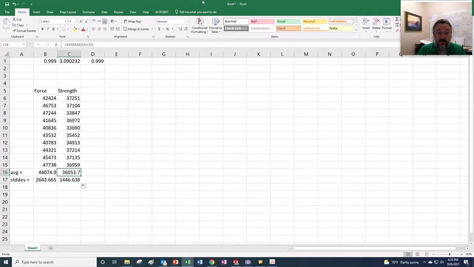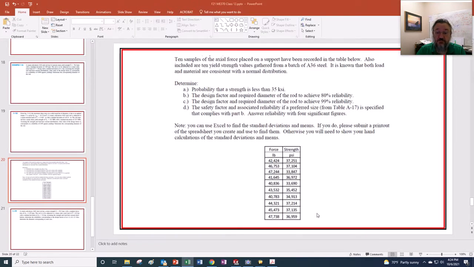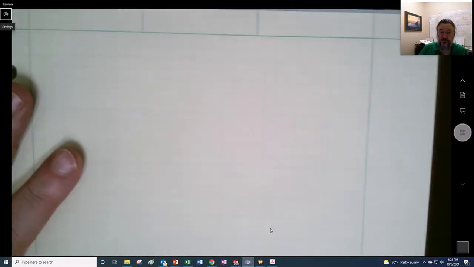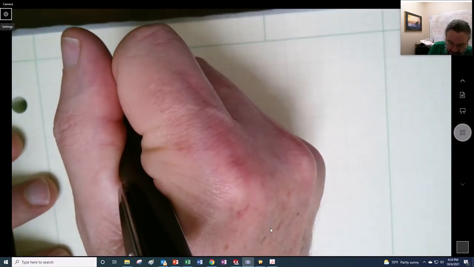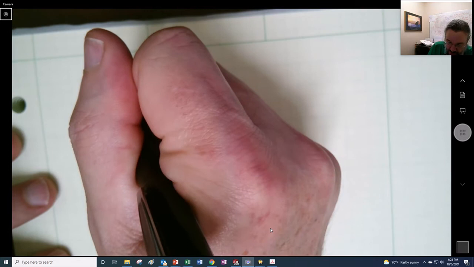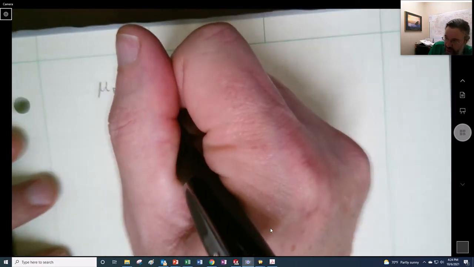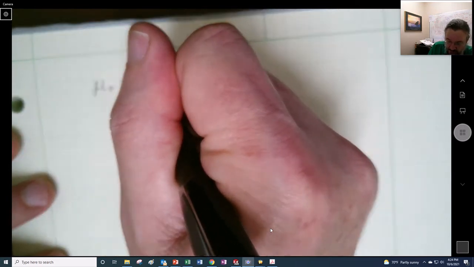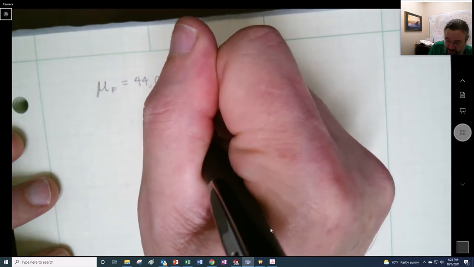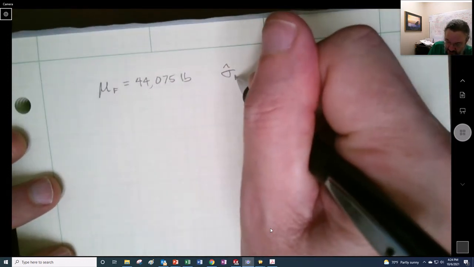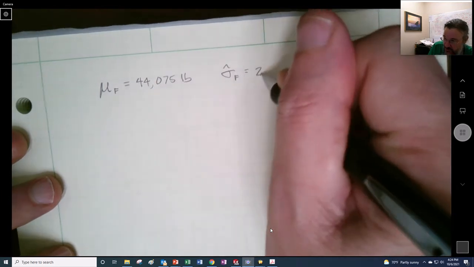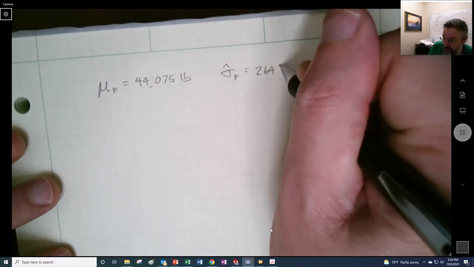So let me see. I'll write these values down on here, right? So I have my mu F is going to be 44,075 pounds, and my standard deviation of F is 2,644.